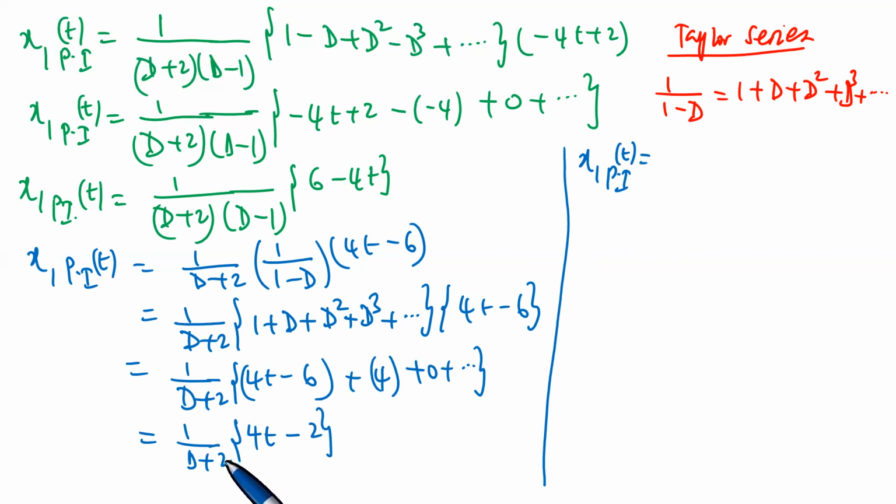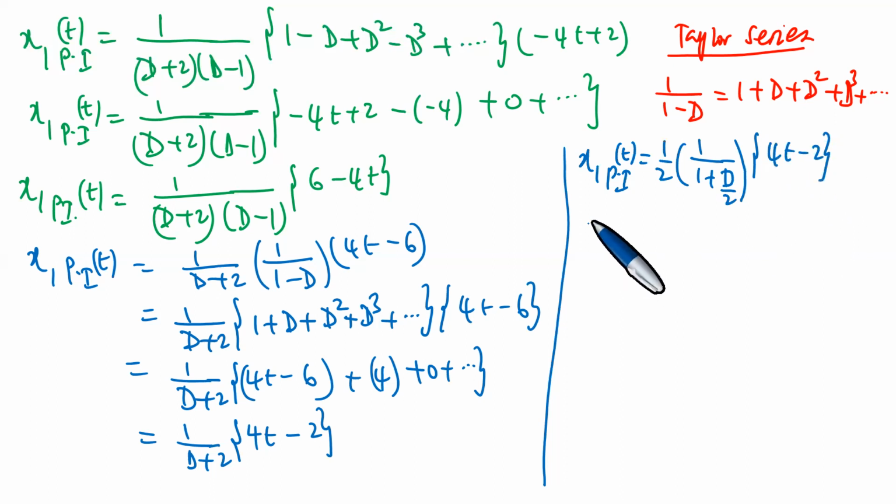At this point, we can just pull out 2 from the denominator, giving us 1/2 into 1 over 1 plus d over 2, which is 4t minus 2. x1 particular integral of t.